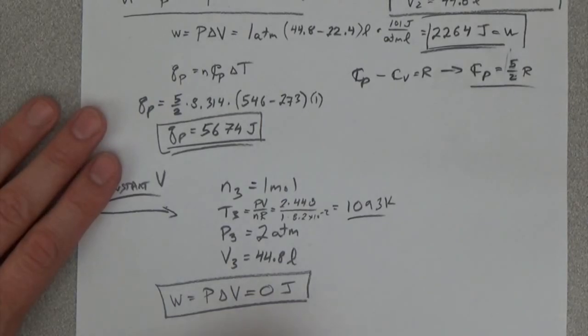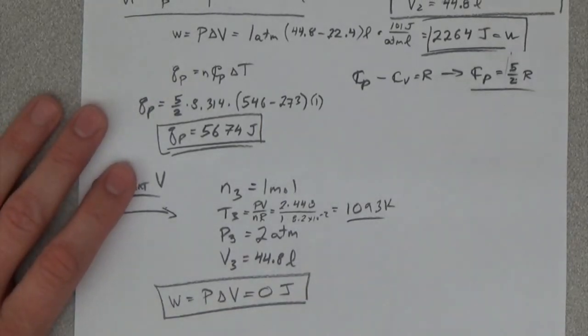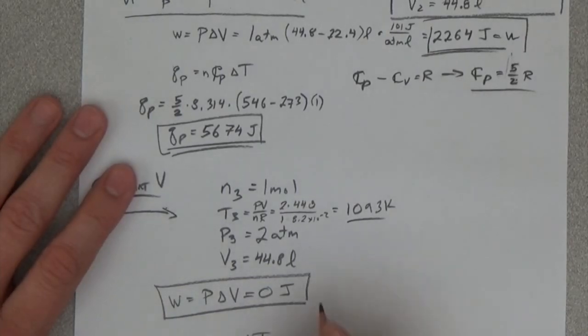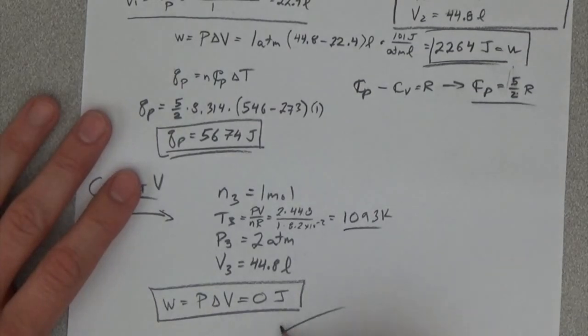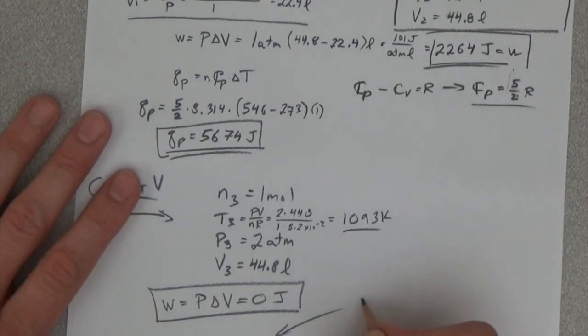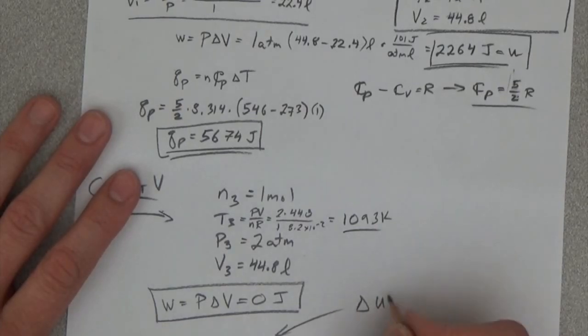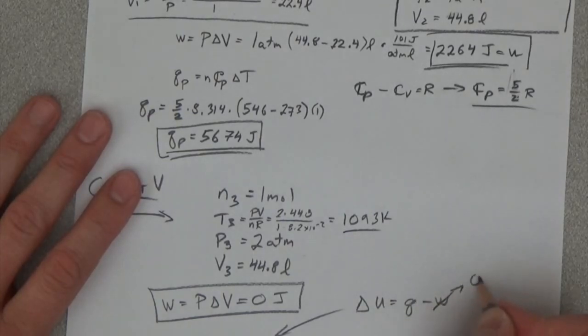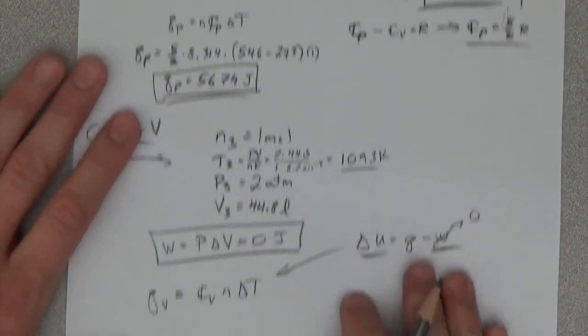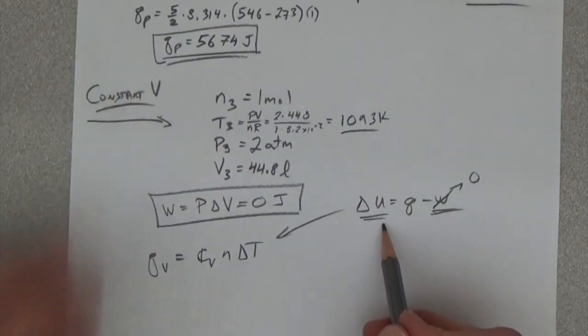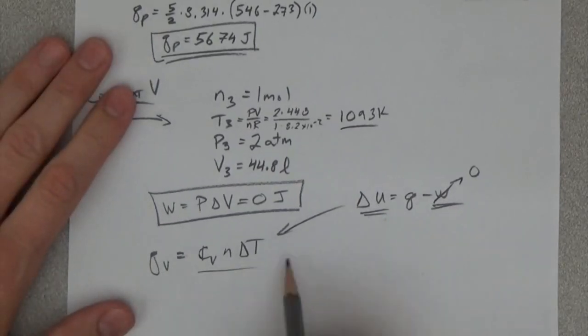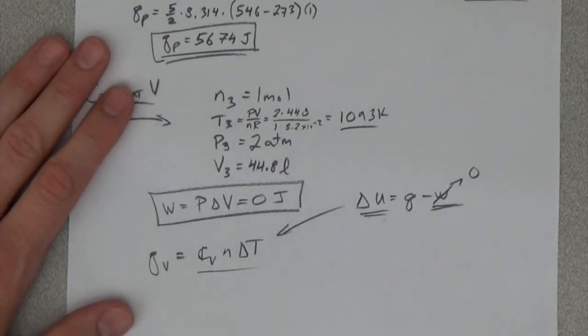And Qv is equal to Cv n delta T. Remember, delta U is equal to Q minus W, and at W equal to 0, the change in internal energy is given by this heat capacity relationship.